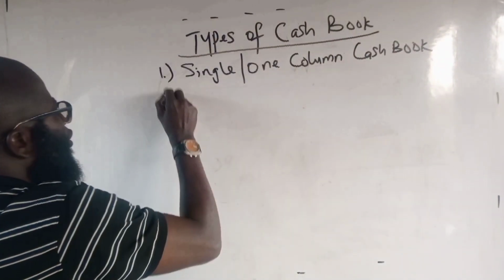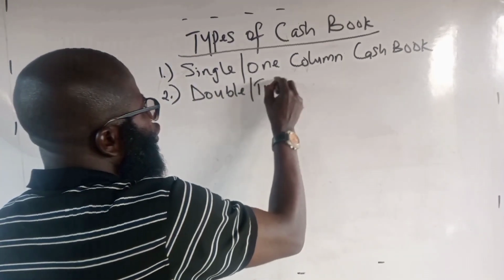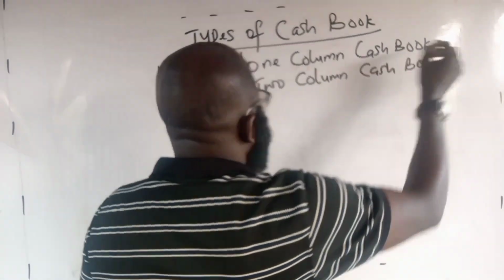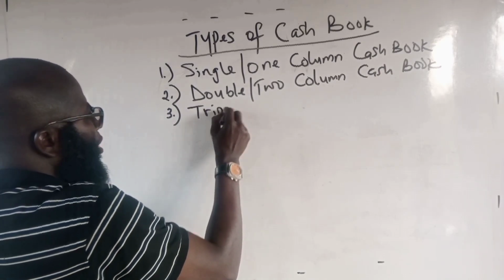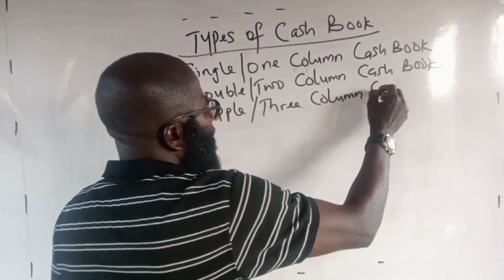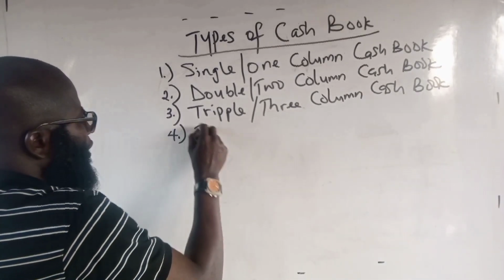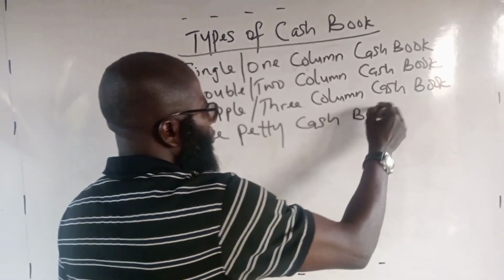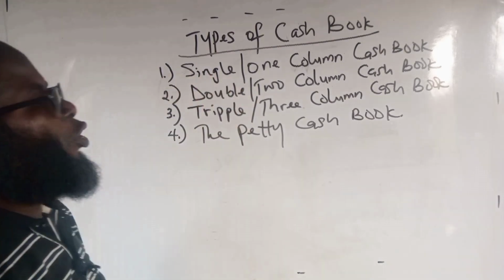Then the second one is the double or two column cash book. Then the third one is the triple or three column cash book. While the fourth one is called the petty cash book.